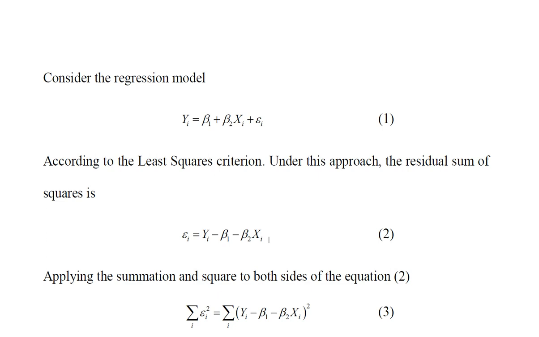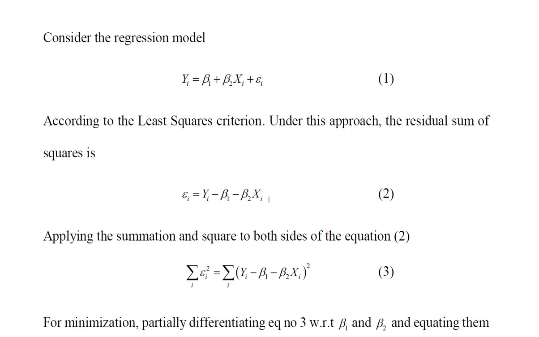According to the least squares criterion, we minimize the residual sum of squares. If we find the residual, take both these terms to the right side, and as you know, when a term goes to the other side, the sign will be changed: yi minus beta 1 minus beta 2 xi. So we can rewrite it as the error term epsilon i is equal to yi minus beta 1 minus beta 2 xi.